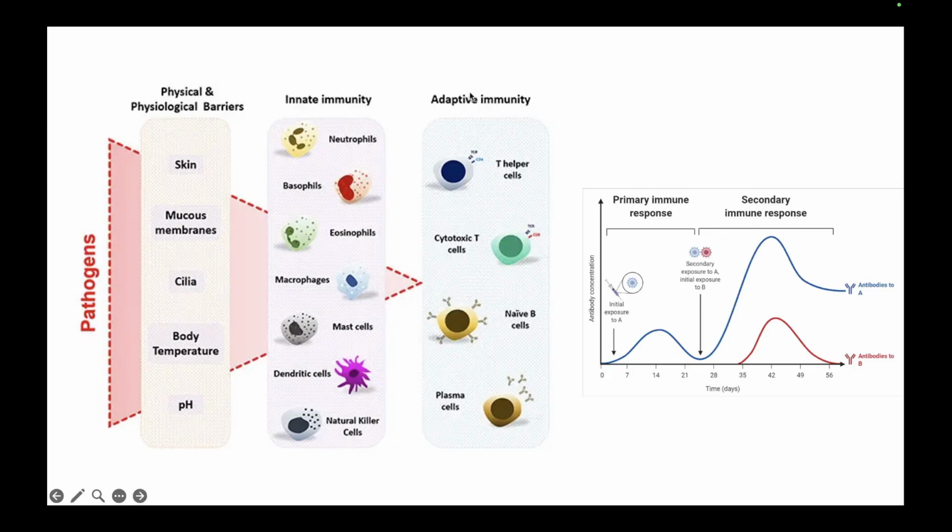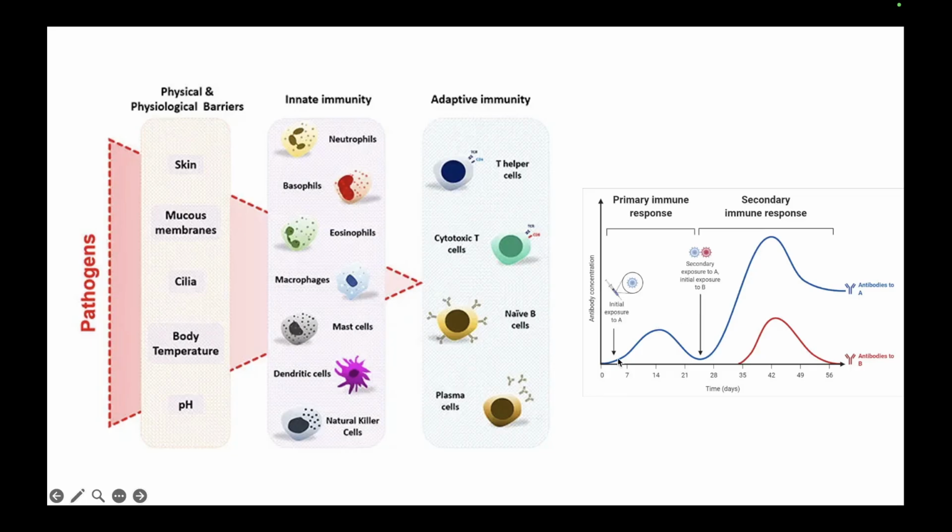Then comes the adaptive immunity, which is very specific. It involves the T or B lymphocytes. And here also you can see the same graph, initial exposure and the second exposure.